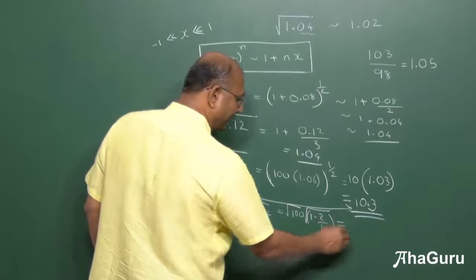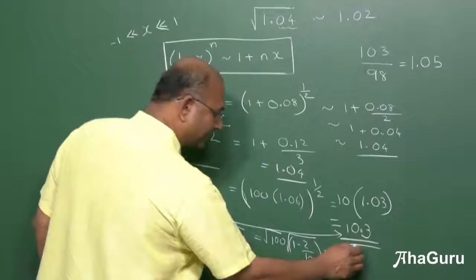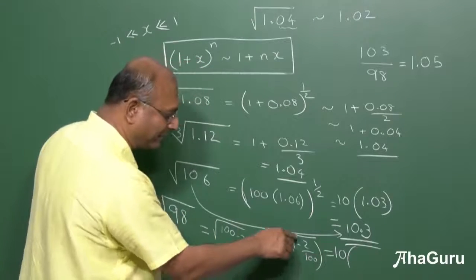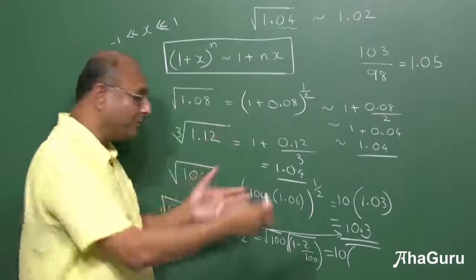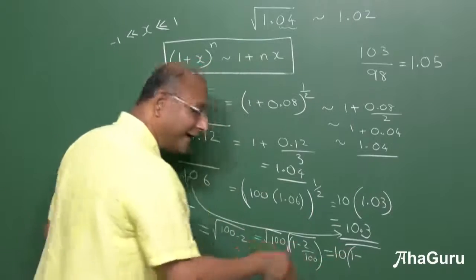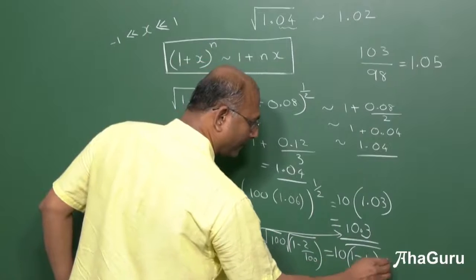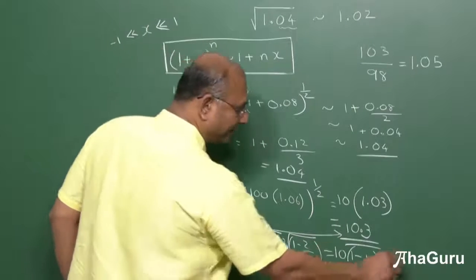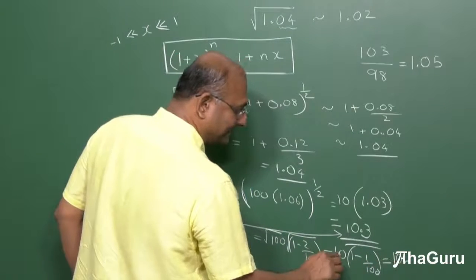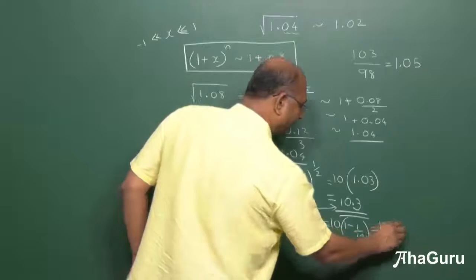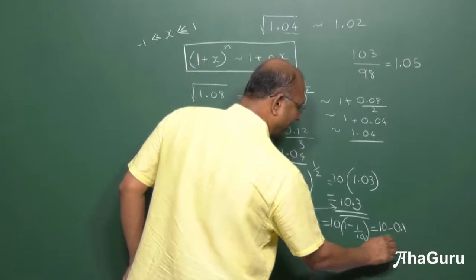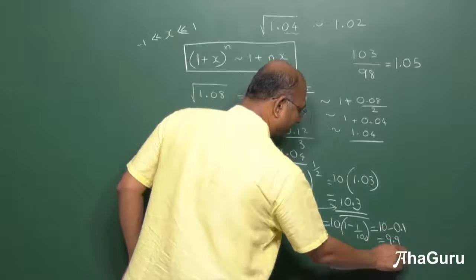What is root of 100? 10. What is root of 1 minus 2 by 100? This is (1 minus 2 by 100) power 1 by 2. So it is 1 minus (2 by 100) by 2. So it is 1 minus 1 by 100. 10 times 1 is 10, minus 10 by 100 is 0.1. So 10 minus 0.1 is 9.9.